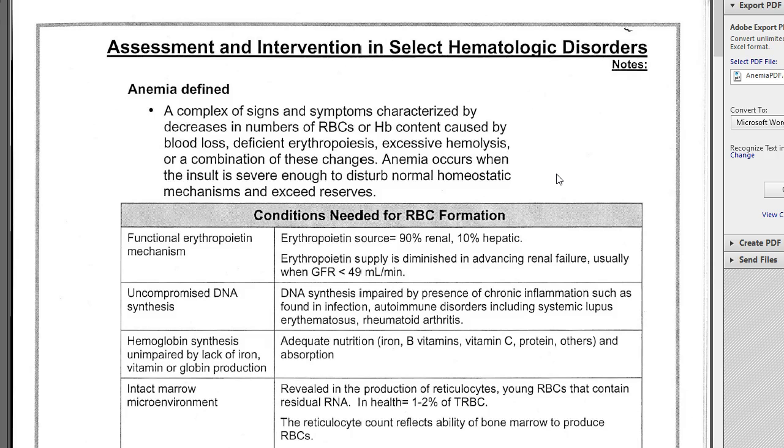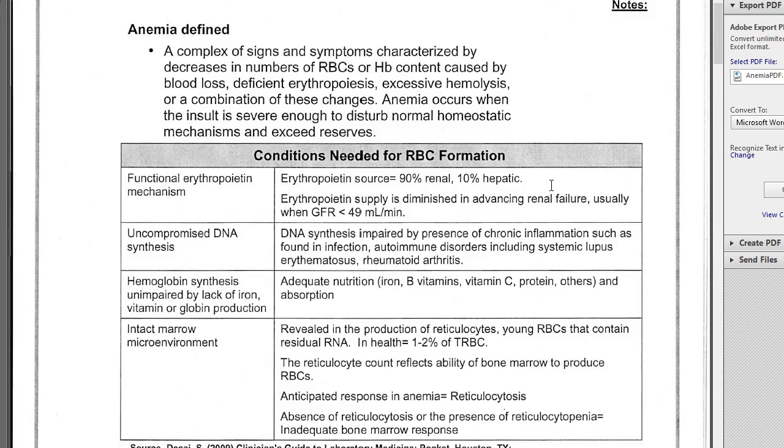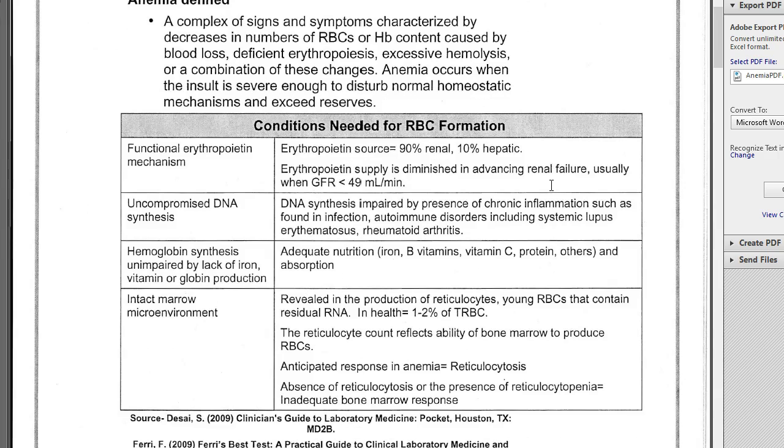So let's go back a little bit, and we'll talk about the conditions that are needed for red blood cell formation, and some of the clinical presentation of anemia. I'll start with that for just a second, because the clinical presentation is a little more difficult than some of the stuff we've previously done in terms of COPD, asthma, different GI issues.